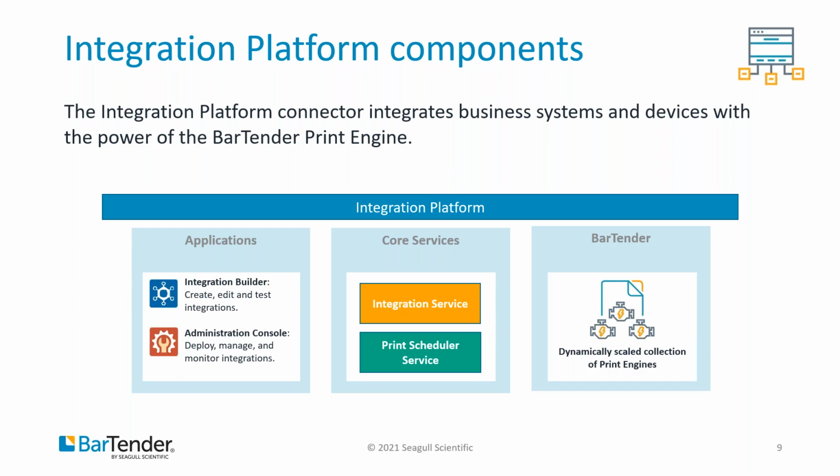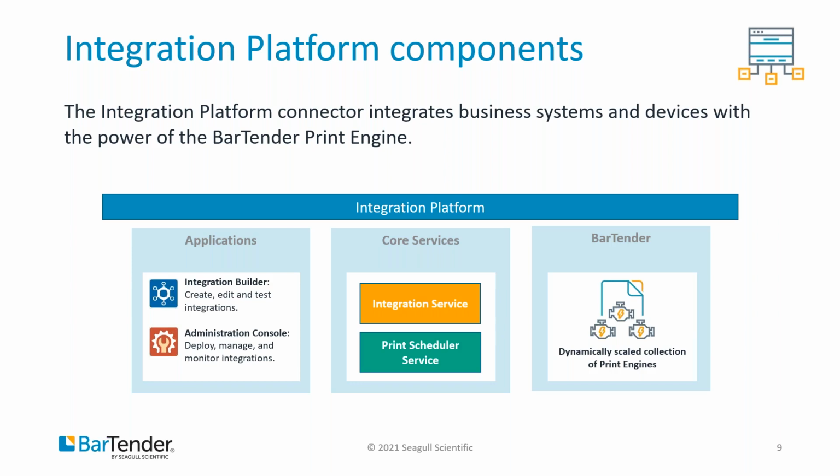And once the integrations are built and tested and all seems fine, you can then use the administration console, a section of which you can deploy your integration from your workstation over the network to your production server, and also from your workstation using the administration console, you can remotely manage and monitor those integrations that are running on the production server.